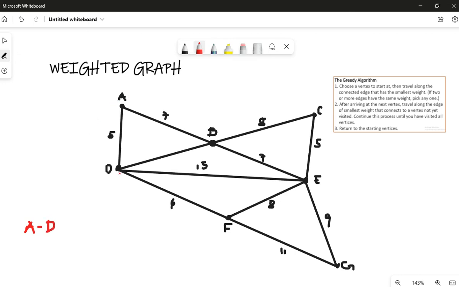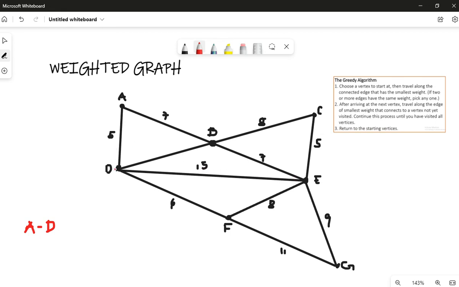Now A to D. From D, I have three options. I could go to vertex B, to vertex E, and to vertex F. The edge that goes to vertex F has a weight of 6. The edge to vertex E has a weight of 15.